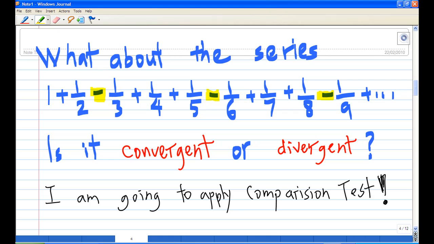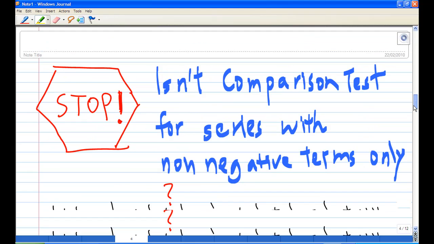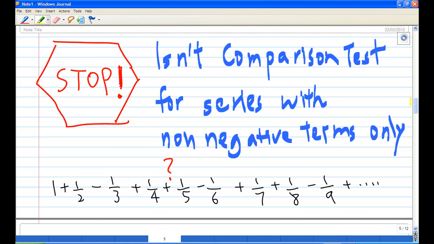I'm going to apply the comparison test to investigate whether the series is convergent or divergent. But wait a minute. How do you apply the comparison test? Isn't the comparison test only for series with non-negative terms?